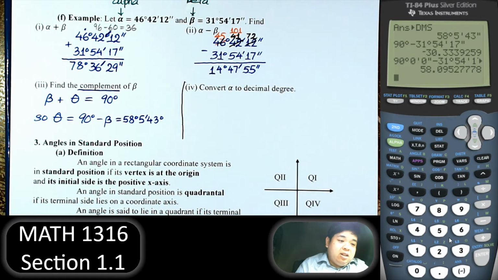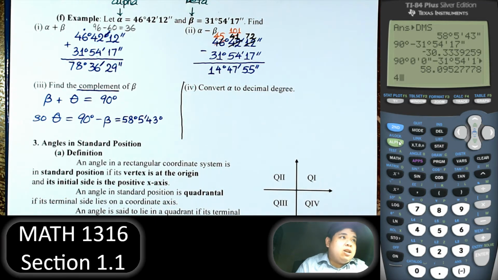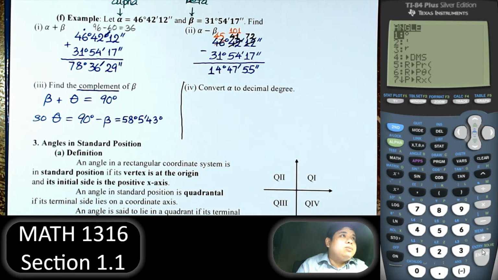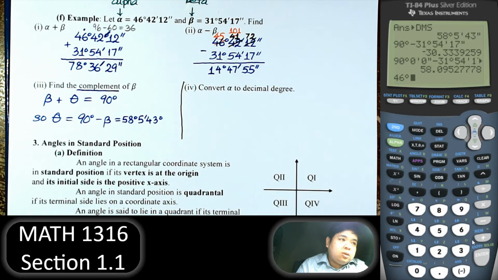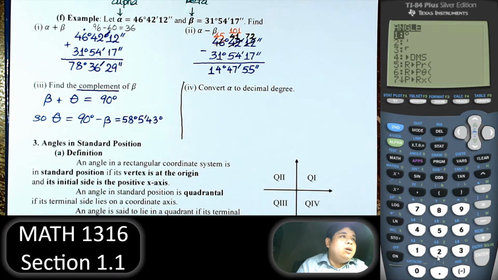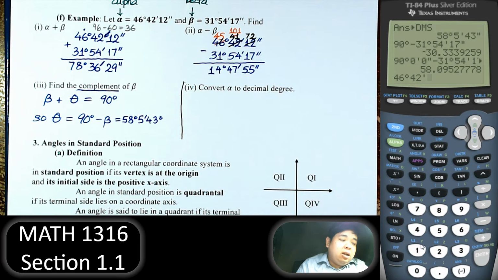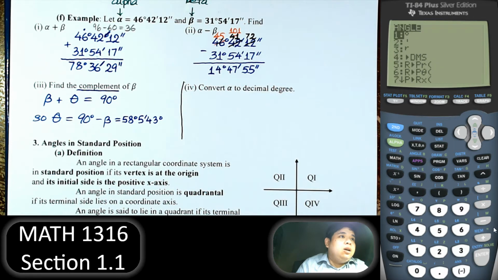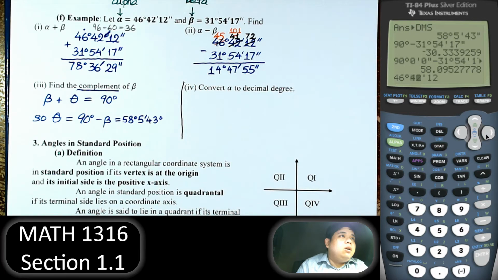We just enter an angle alpha, 46 degrees, 42 minutes, 12 seconds.